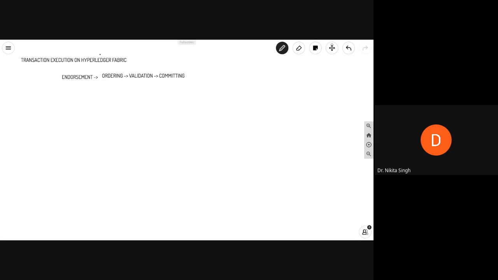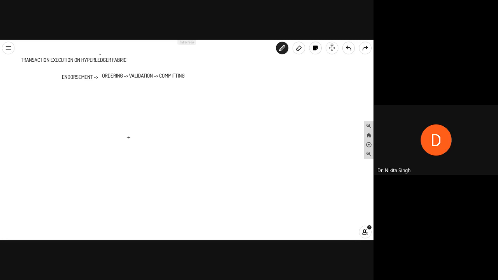Let us see what endorsement, ordering, validation, and committing mean on a Hyperledger Fabric network. Within a Hyperledger Fabric network, transactions start out with a client application sending transaction proposals.